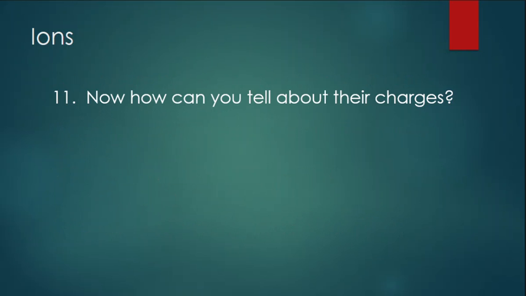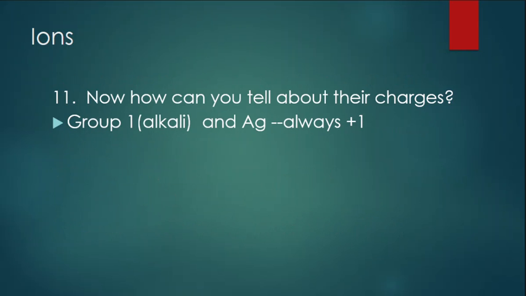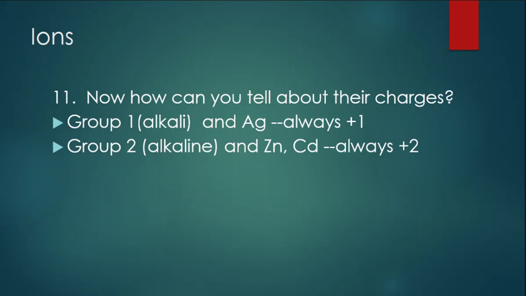Now, how can you tell about their charges? Well, copy this down and then I'll show you what to write on your periodic table. Group 1 are called the alkali metals, and they will always be +1. Group 2 are called the alkaline metals, and they will always be +2.